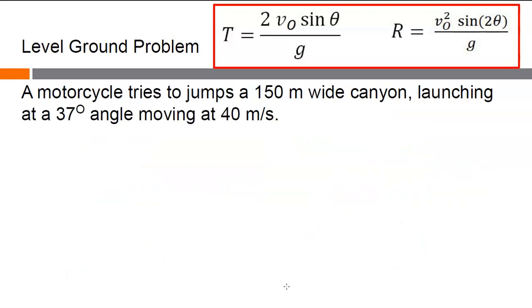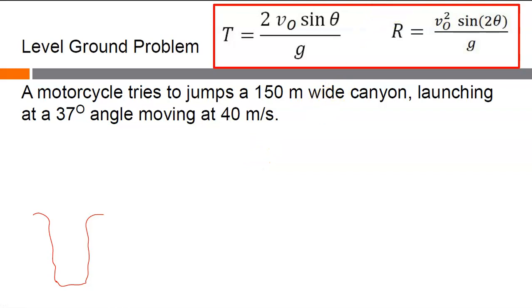All right, here is another example. A motorcycle tries to jump a 150-meter wide canyon, launching at a 37-degree angle and moving at 40 meters per second. So this problem would be really easy to come in here and say, well, gee, you've got yourself a canyon. That's not level ground.